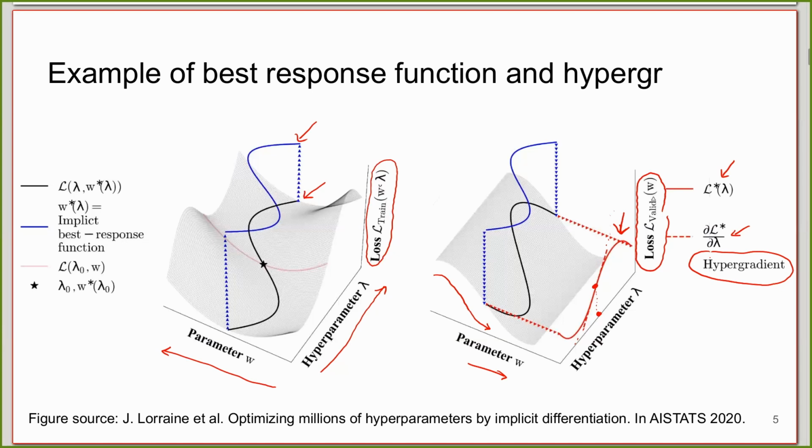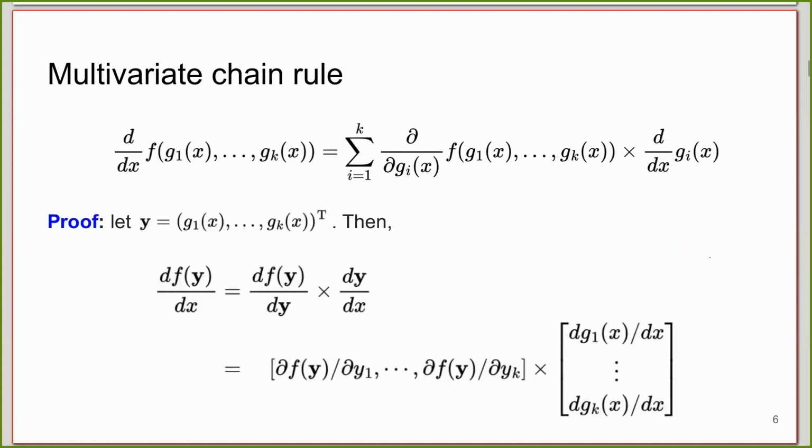No? Good. So we're going to use gradients, and we need to be familiar with some basic concepts of gradients. We're going to be using heavily something called the multivariate chain rule, and it's as simple as this.